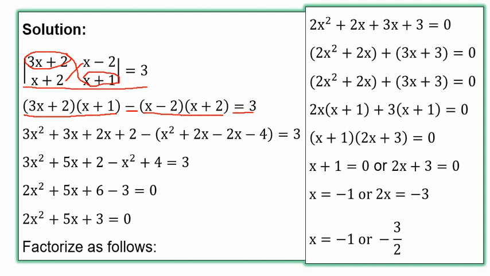When we are expanding, we take all the terms in the first bracket to multiply the second bracket. The first term in the first bracket is 3s times the second bracket s plus 1. That gives 3s squared plus 3s. The second term in the first bracket is plus 2 times the first term and second term. That gives plus 2s plus 2.